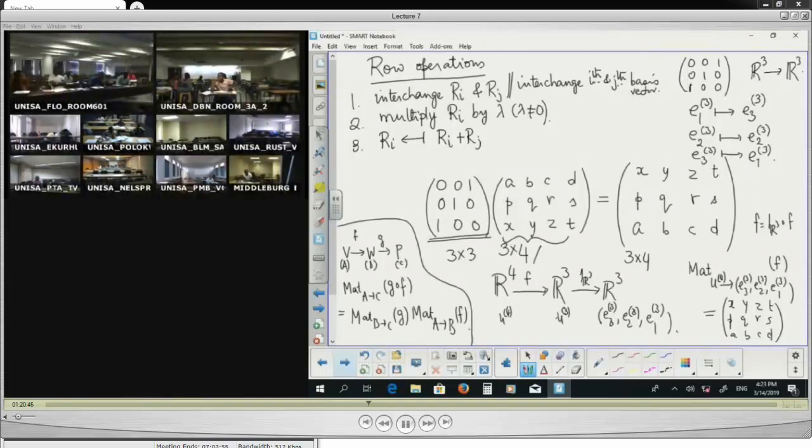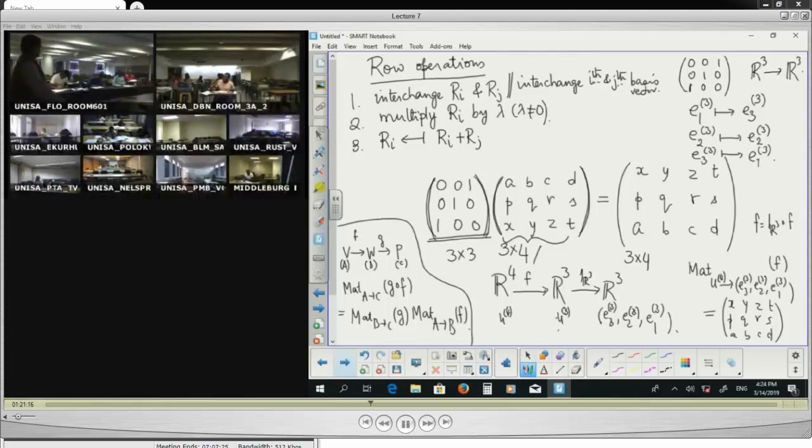So this is the matrix of F originally with respect to the standard basis. This is the change of basis matrix, which is the matrix of the identity from U3 to this transposed basis. So their product will be the matrix of this composite, which is again F, but now from E4 to this transposed basis. So what's the end goal?